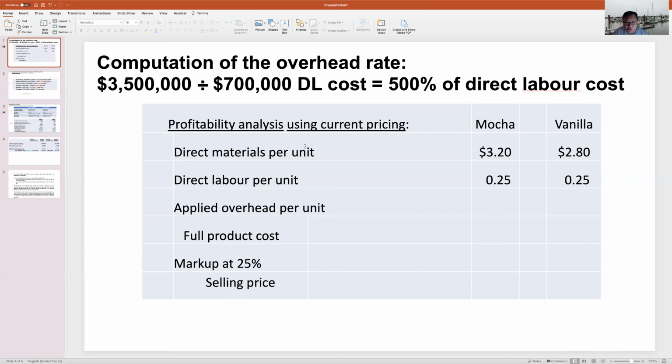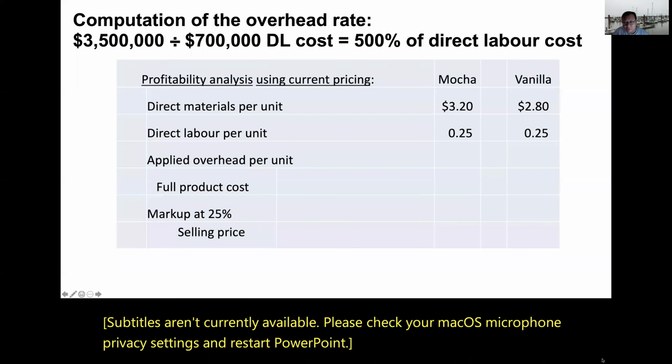The direct material costs are given, and the direct labor cost per unit is given. So the overhead applied is the direct labor cost times 500%. 500% times 0.25 gives 1.25.